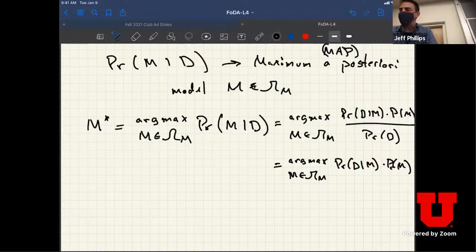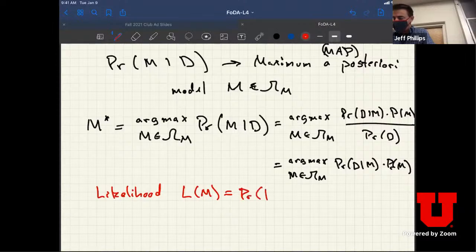All right, great. So this will be the thing we look at, and then I mentioned that there are these two components. The first one is the likelihood, and sometimes I will write this as the likelihood of M, the likelihood of the model, and this is the probability of the data given the model.